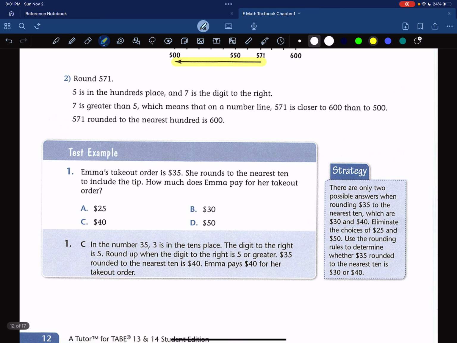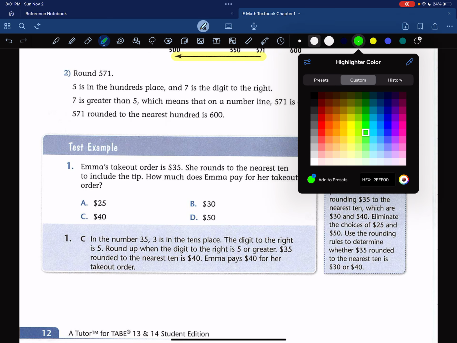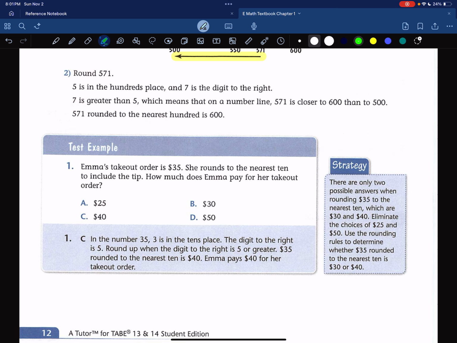All right, here is a test question. Emma's takeout order is $35. She rounds to the nearest 10 to include the tip. How much does Emma pay for her takeout order? So here's the question. We want to know what she pays.